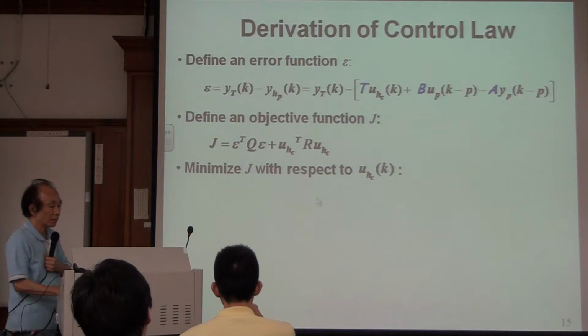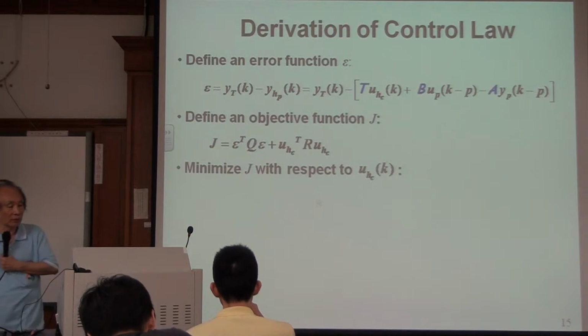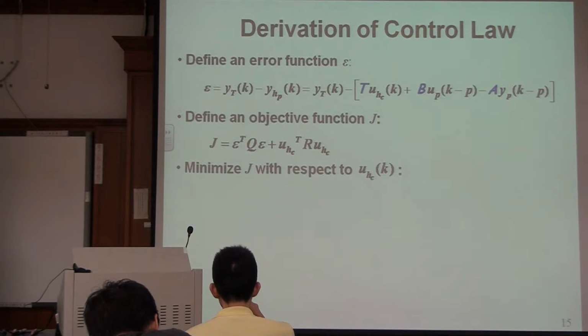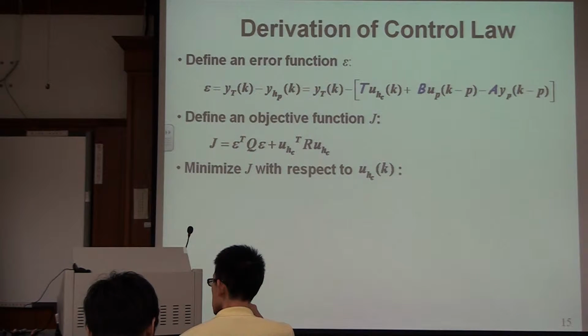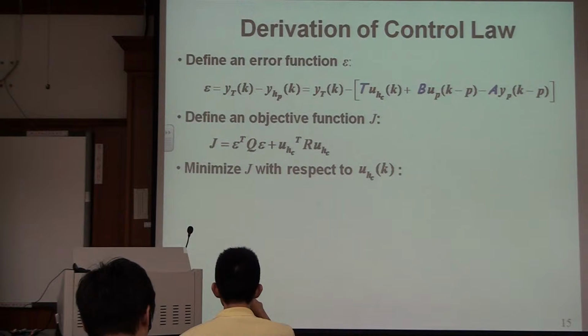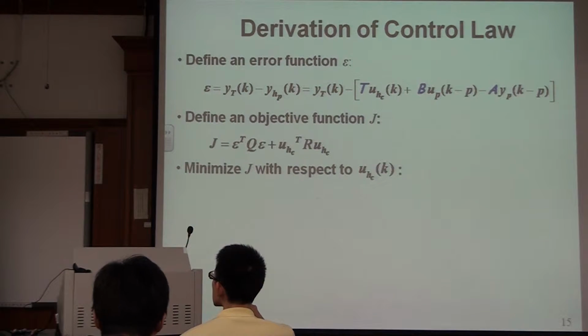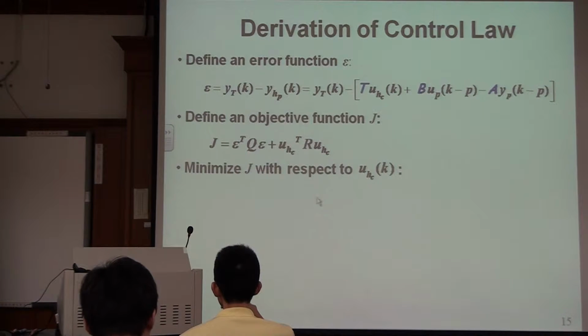So if we minimize J with respect to U hat K, all right? Now, you have to be careful here. The cost index involved there, Q, I told you already, is the same as the optimal control, because J has to be positive, and Q must be positive semi-definite, and R must be positive definite.